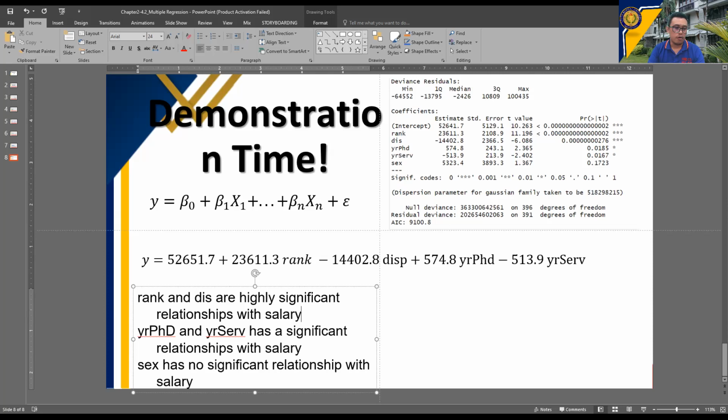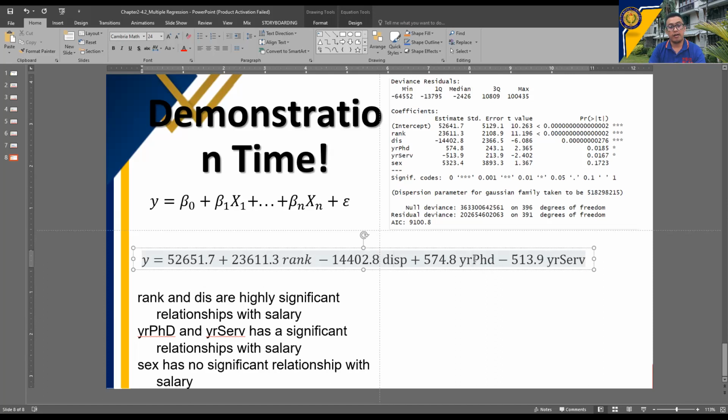Same thing for discipline, which decreases salary by 14,402.8.